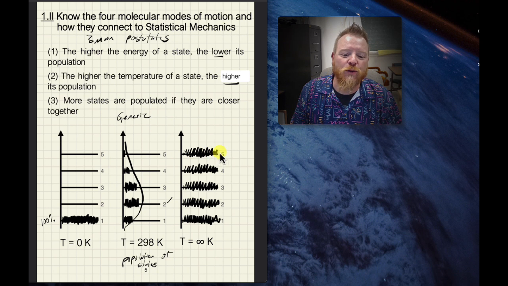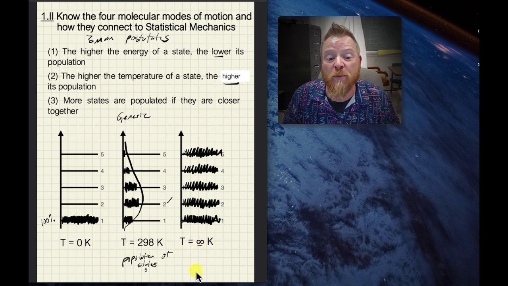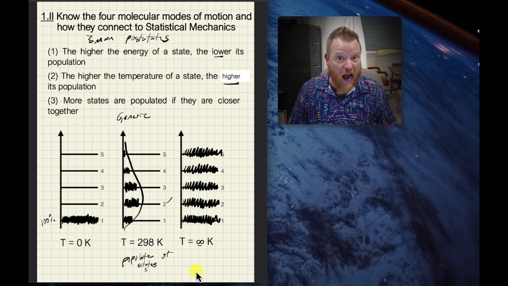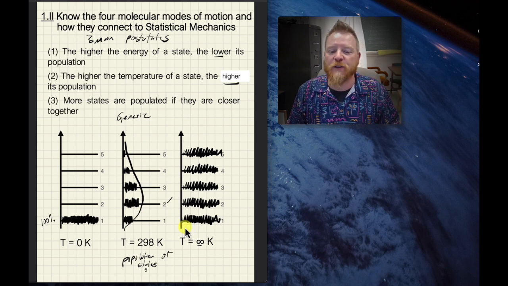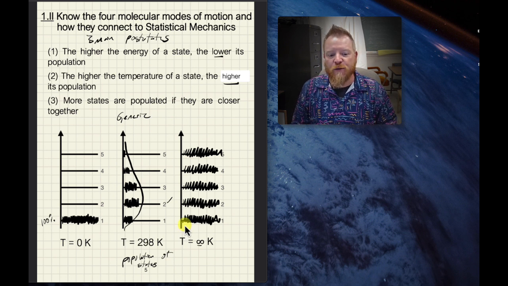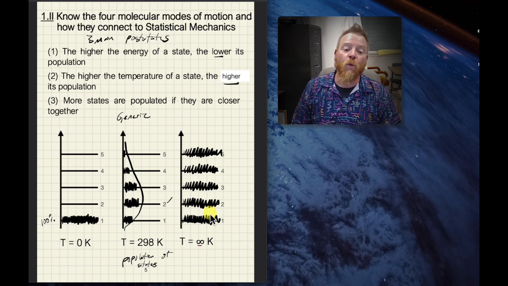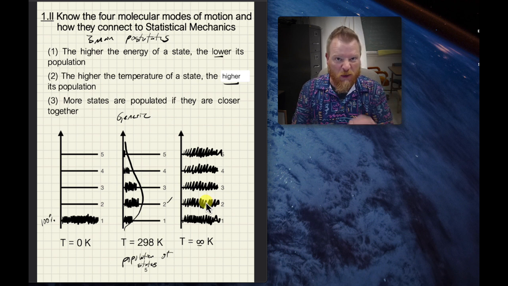However, on our way to approaching infinite Kelvin, or more realistically, some very, very high temperature, all of our states start becoming enormously populated. And if we weren't at infinite Kelvin, but maybe something like 10,000 or even 10 million Kelvin, we would see a distribution. We wouldn't get 100% in each state.